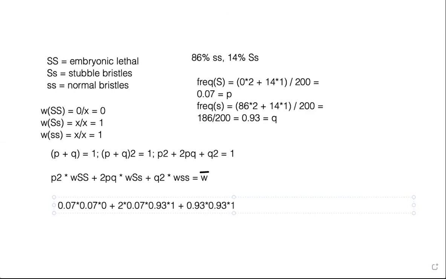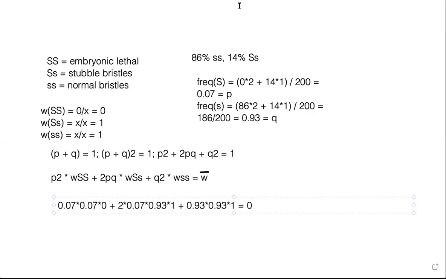And that is going to be equal to our W bar. So I am going to whip out my calculator and plug and chug this. The first term is 0, 0.07 times 0.07 times 0.